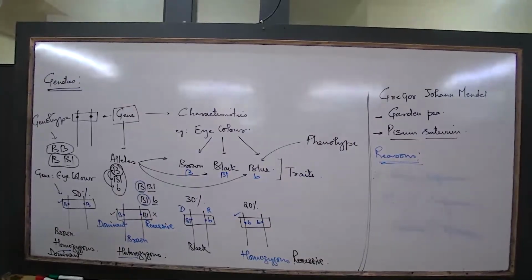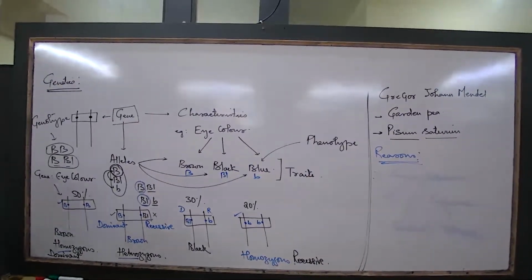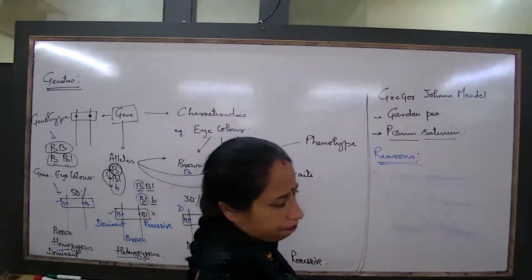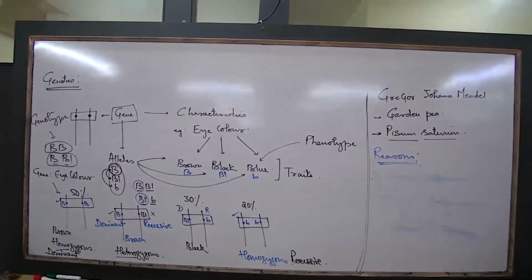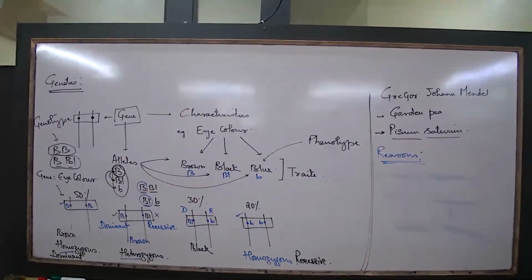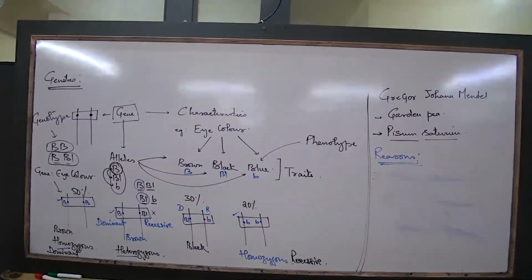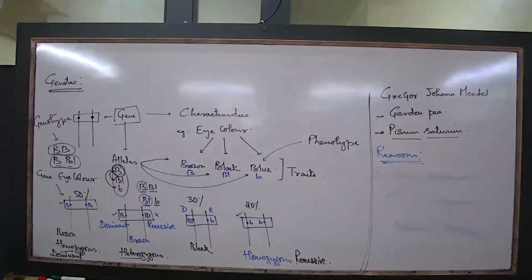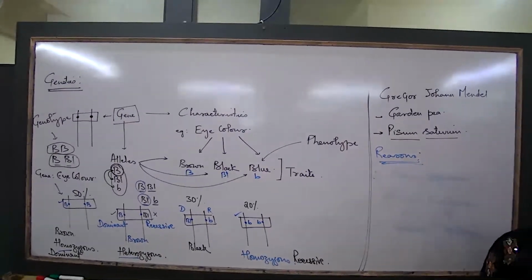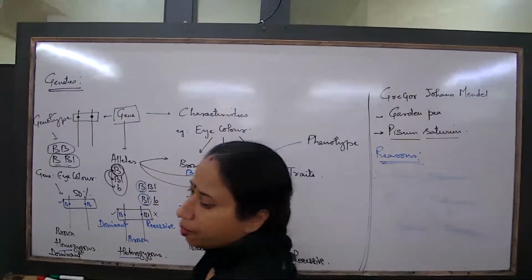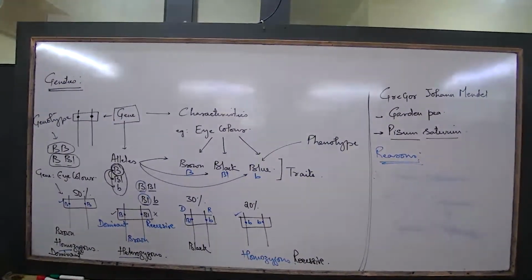What are the reasons for selecting garden pea plants for his experiments?